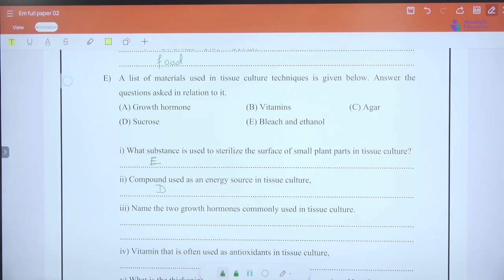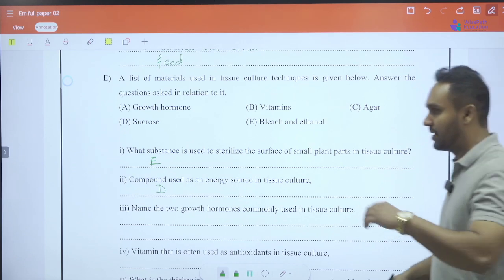Name 2 growth hormones. Yes. No, they are asking for the growth hormones. Yes, auxin is the growth hormone. No, that is one of the essential oils. One of the essential oil components, geraniol.